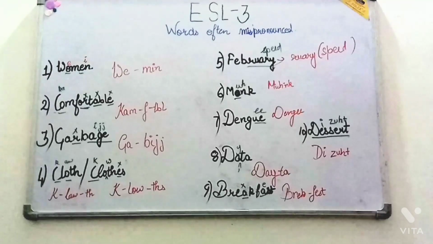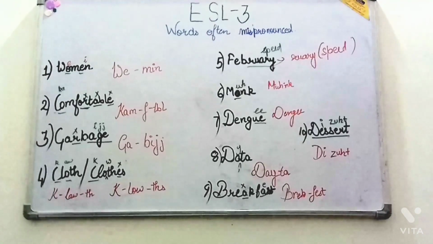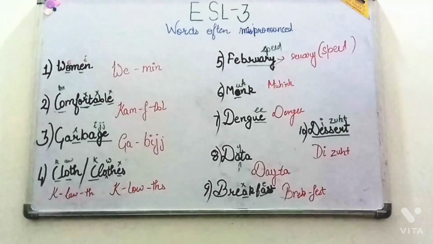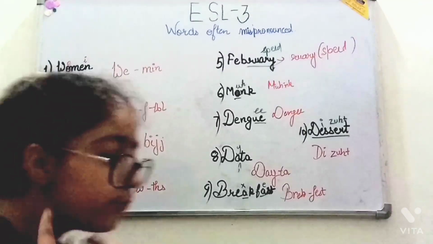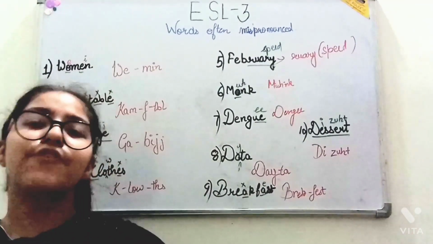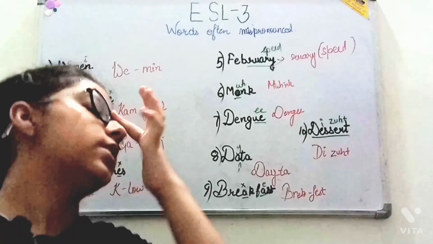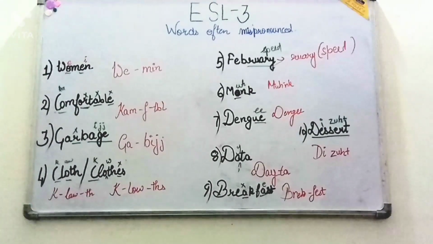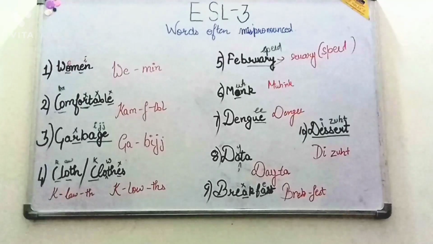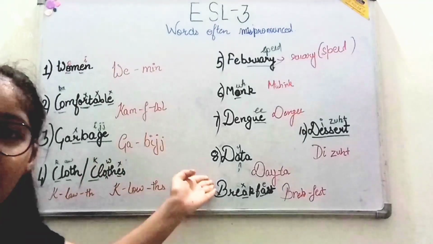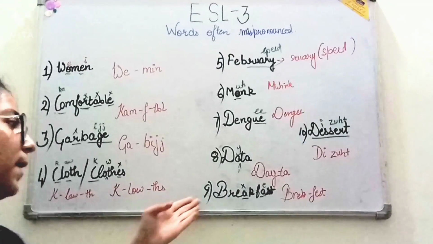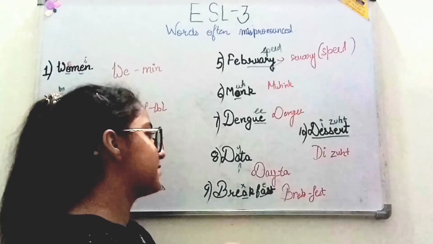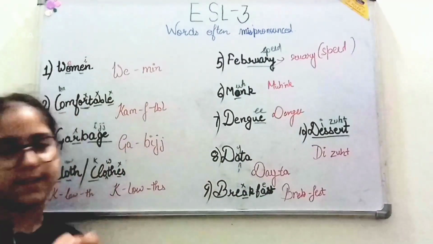Very correct. Then it is February. Yes, I know many of you would say it wrong. So speak it with me. February. Then it is monk. It is dengue. Data. Breakfast. And it is dessert.